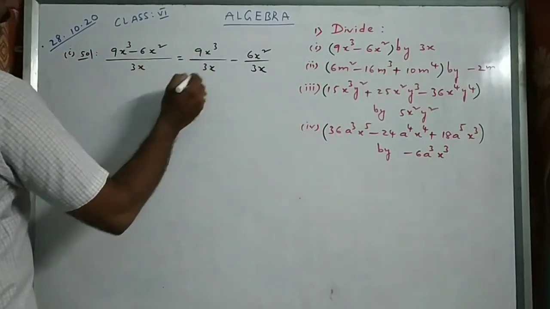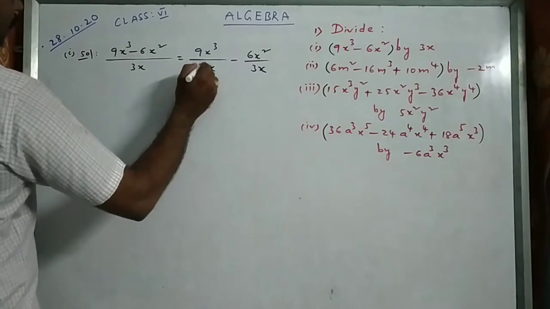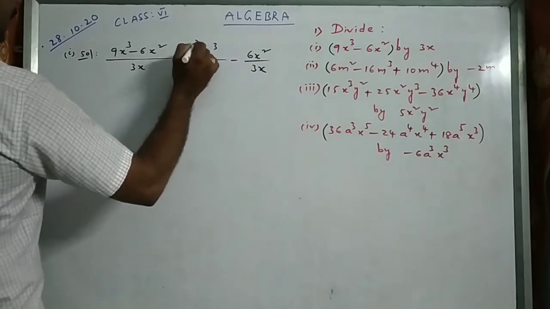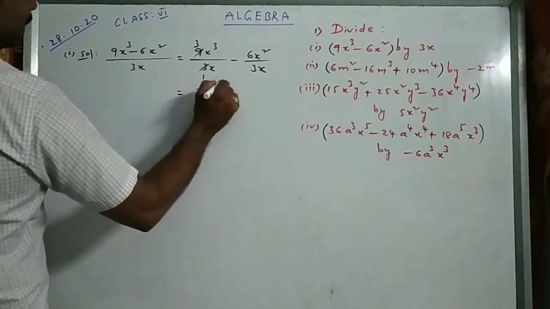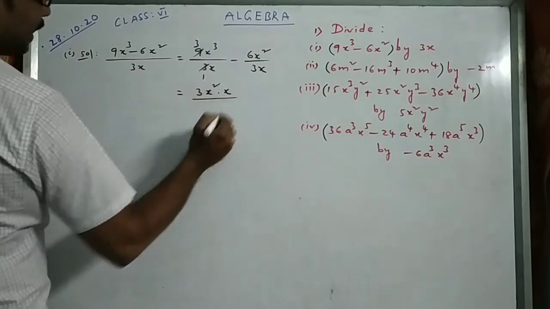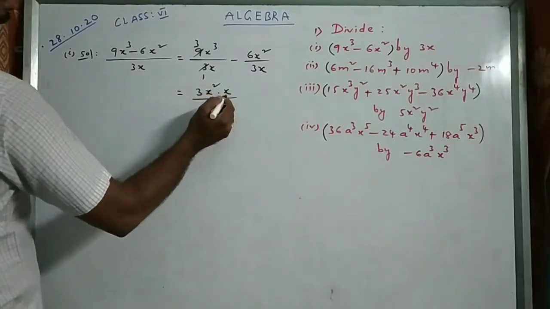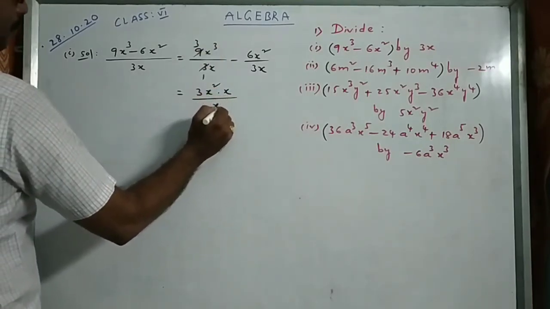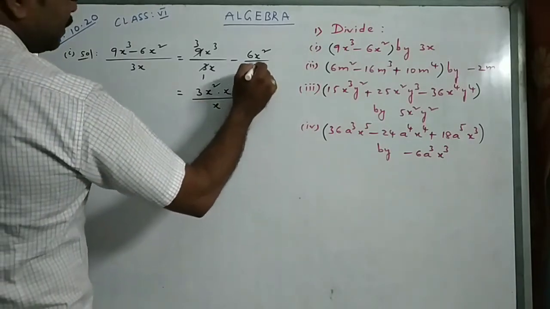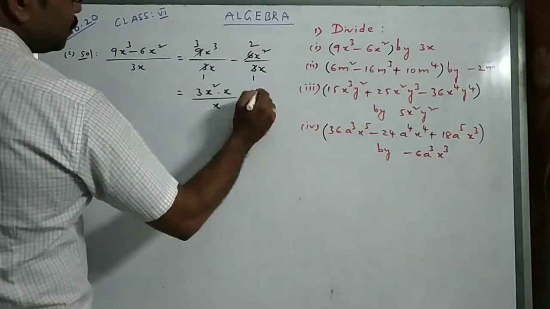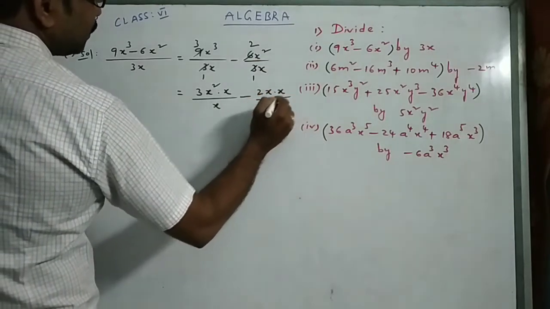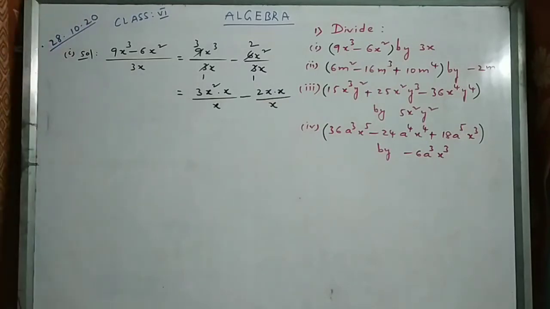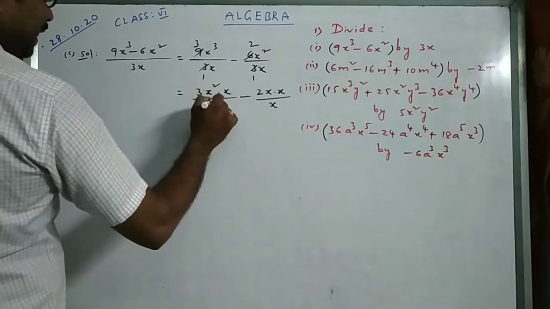Now you can cancel. 3 ones are, 3 threes are. Here you have x cube, right? I will write x square into x. Can I write? X square into x means x cube only. So by x. Here 3 ones, 3 twos, 2 into x square, can I write x into x upon x. To cancel the numerator with the denominator, I am expressing like that.